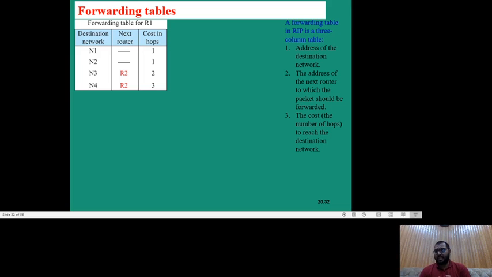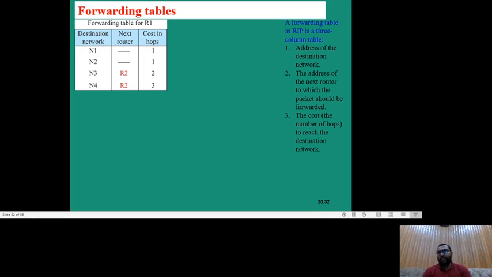The first one is the destination network. The second one is the next router. The third is the cost, which in the Routing Information Protocol is basically the number of hops, and on the basis of that the next router will be selected all the way to the destination network. It can be any of the 4 networks that we discussed a while ago.